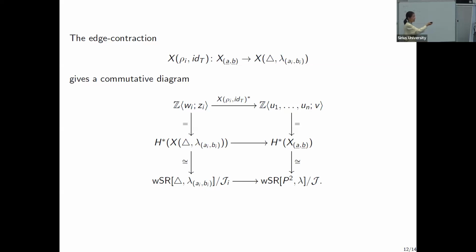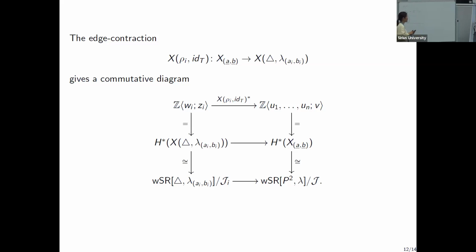Because edge contraction is a particular map, I know how the cellular basis elements are mapped to cellular basis elements. And on the bottom, the algebraic model, we can also do the explicit algebraic calculation. In this way, in order to compute the cup product in any toric orbifold associated with an (n+2)-gon, it is enough to understand the ring structure of the toric orbifold associated with a triangle or a square.